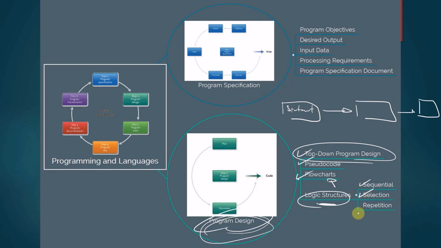There's also selection, where if a certain condition is met, and that's a yes, then a certain statement will occur. If it's a no, then a different statement will occur. And then we also have what's known as repetition.